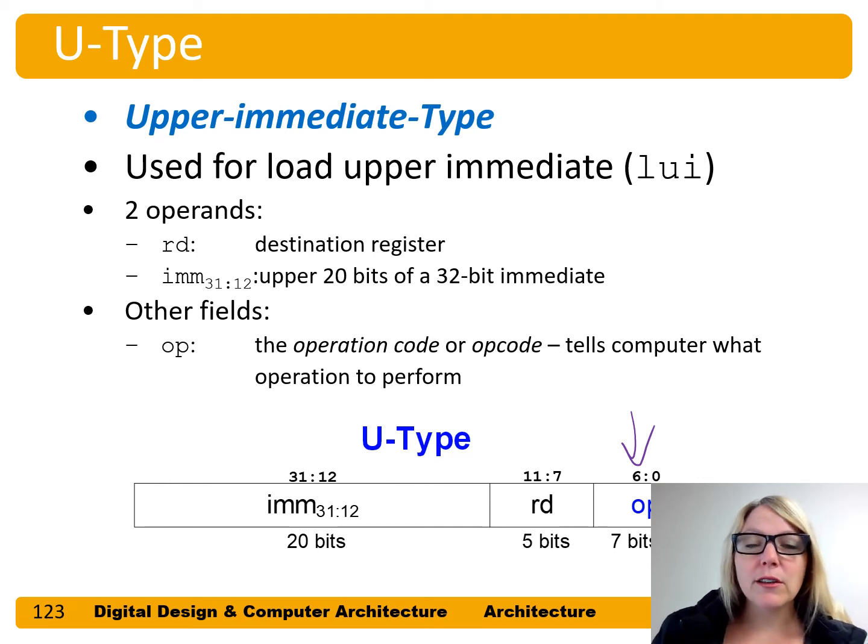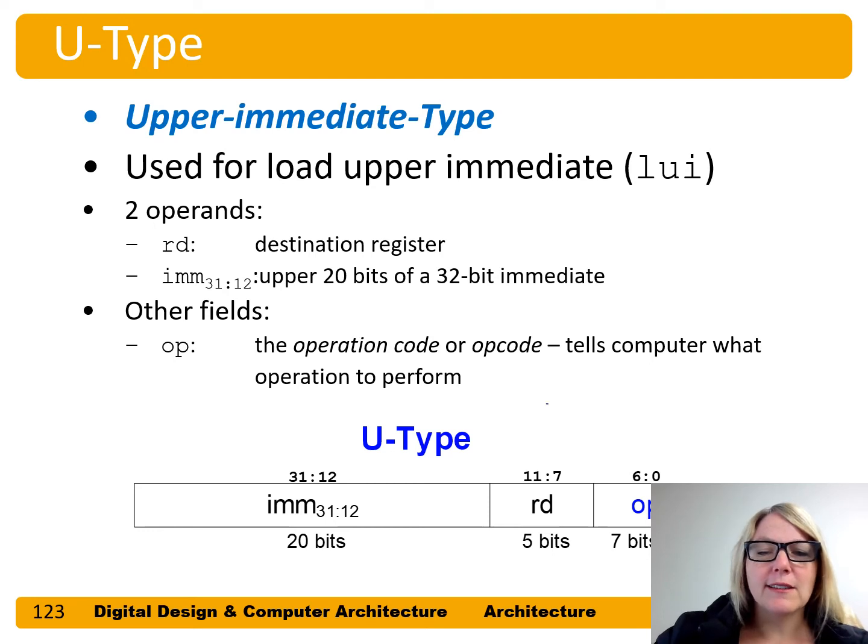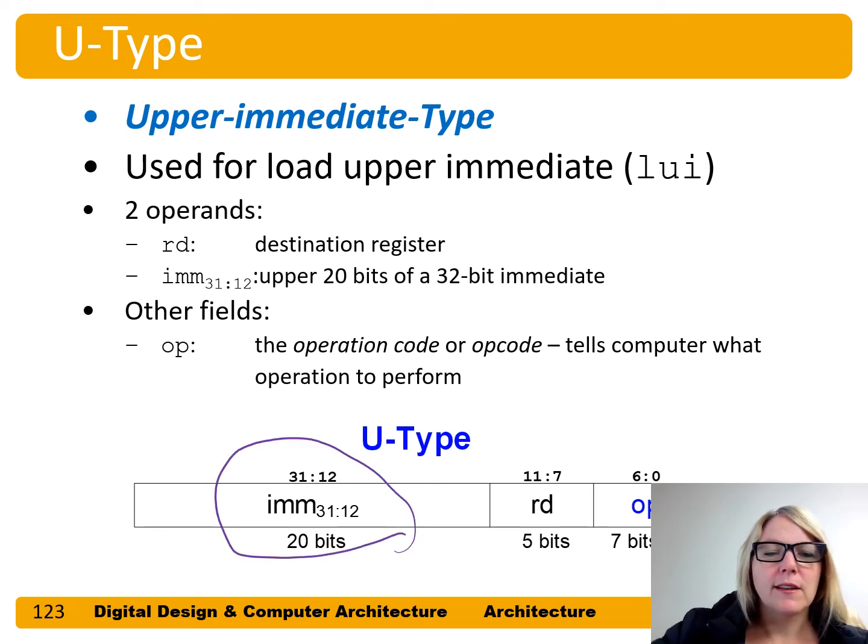There's no funct3 or funct7 field, so the opcode completely determines what operation to perform for U-type instructions. And then there's a destination field, RD, again 5 bits, and here's our immediate encoding, that upper 20 bits of the immediate.